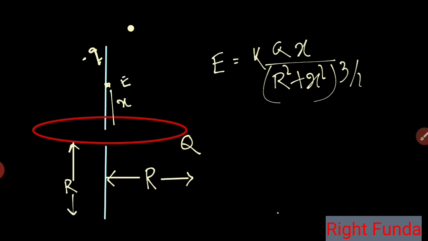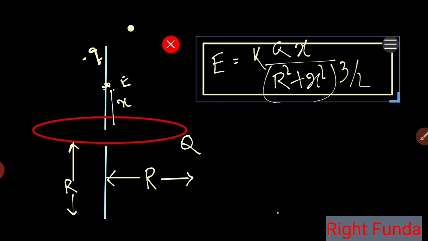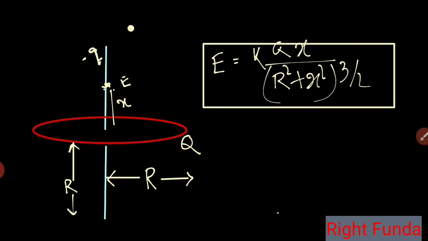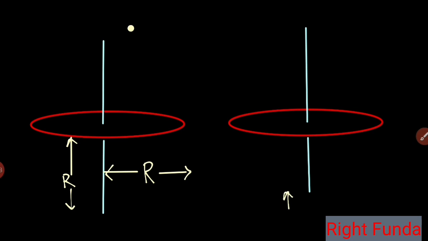This we know, on the axis of the ring, and any charged particle placed there will experience force due to this electric field. So if this rod is slightly disturbed, see what will happen. Suppose this rod has been shifted up by a distance of x.